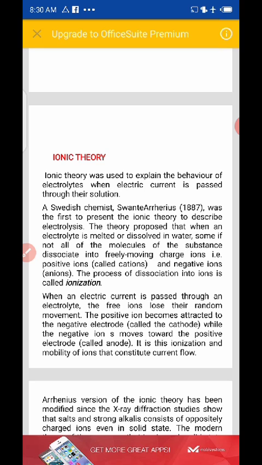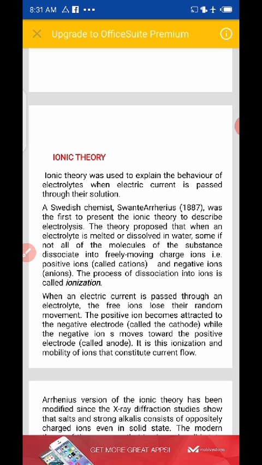So ionization is the breaking down of the electrolyte when it is dissolved in water or when it is melted. You can also say it is the breaking down of electrolyte into their component cations or anions when dissolved or when melted. That's what we call ionization.